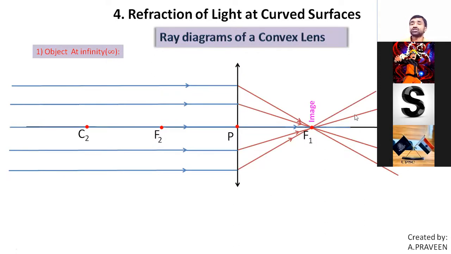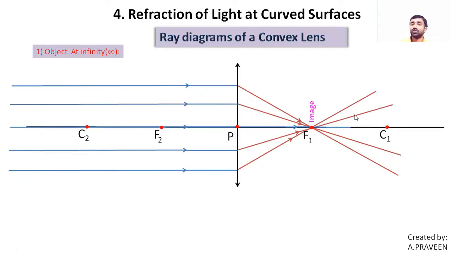What characteristics can you write for the image? Where is the image formed? Is it a real image or virtual image? How do you decide? What about its size?